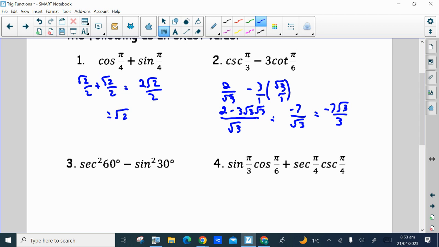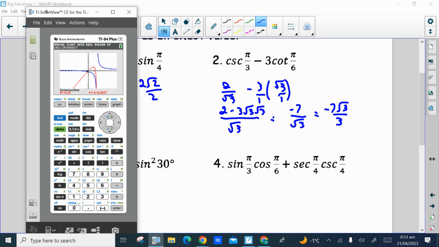And you can always check these on a calculator. We found our answer to be -7√3 divided by 3. It's that value there. So what we'll do is we'll put the original expression in our calculator. Because those angles are in radians, we have to be in radian mode. And to get the cosecant, because there's no cosecant button, we'll use brackets and go 1 divided by the sine of pi on 3.